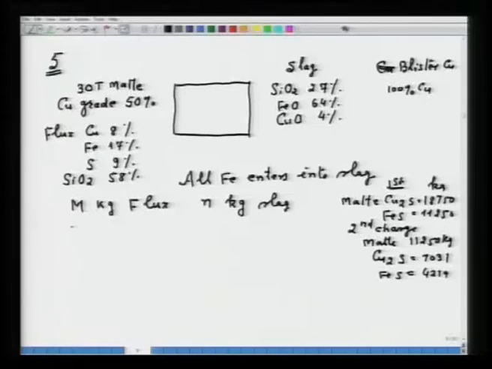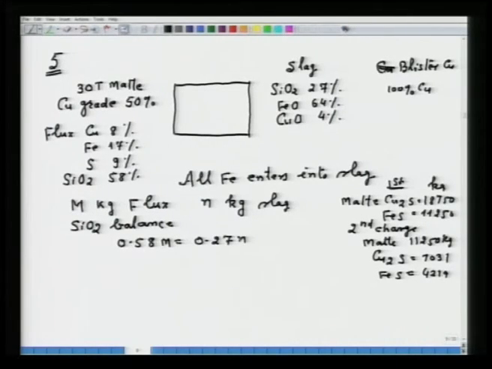So, again I will be doing SiO2 balance. So, SiO2 balance, that is 0.58 m, that is equal to 0.27 n, and I do iron balance.